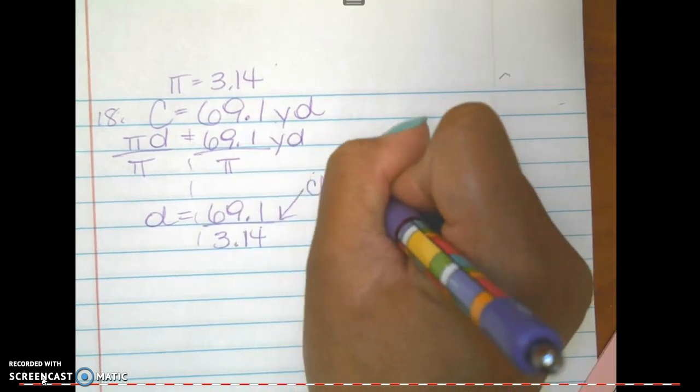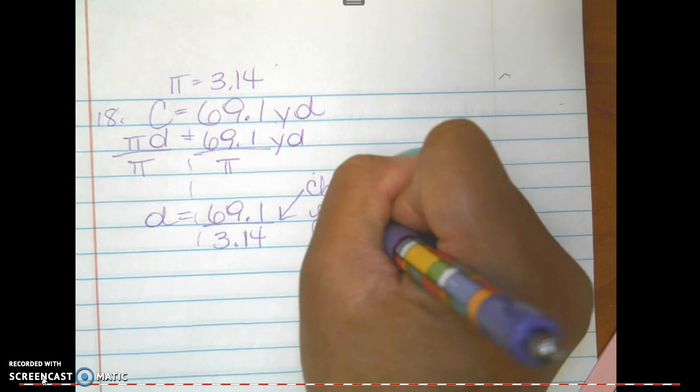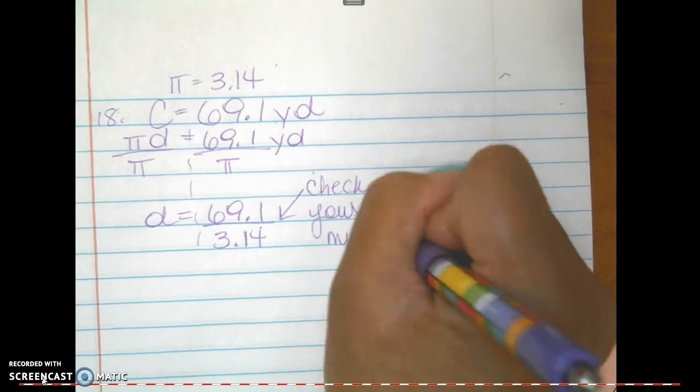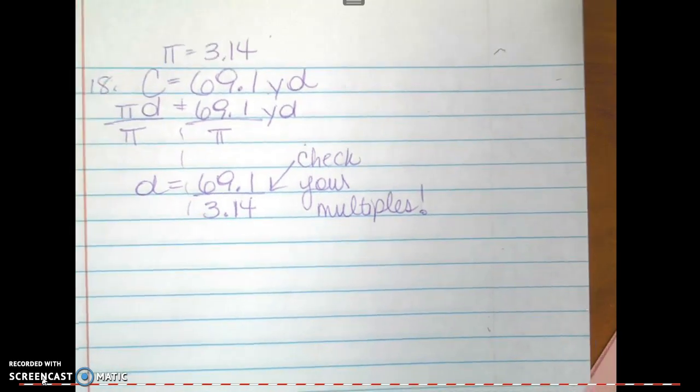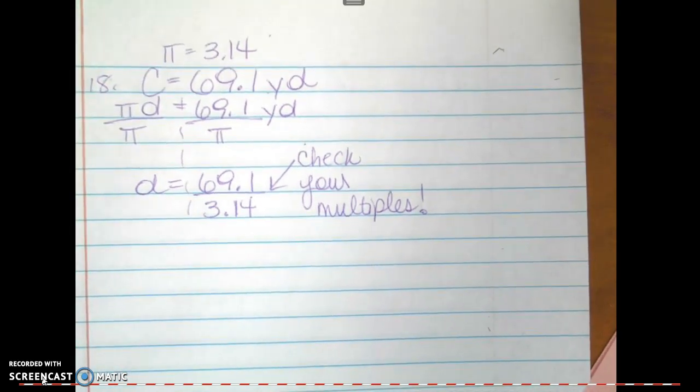Check your multiples. Which multiple has 3.14 times some number that gives you 69.1? Let me find my multiples.